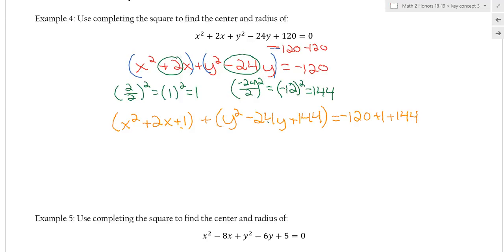Now, this is a perfect square trinomial, so we can rewrite it as x plus 1 squared, right? Because x plus 1 squared equals x squared plus 2x plus 1, plus, right, and the 1 comes from here, y, this is minus 12 squared, which equals 25. Right, I believe, just from here.